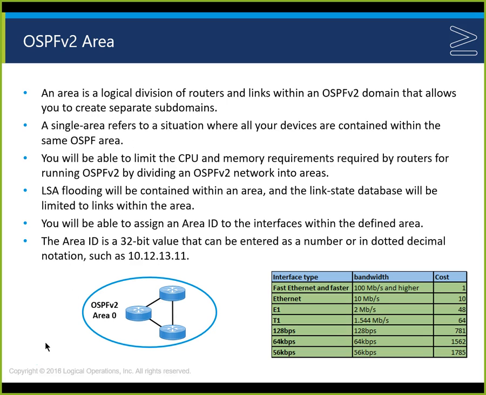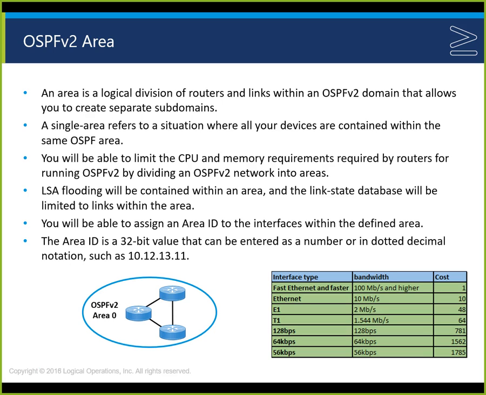So area, we do have to specify an area on these. An area is a logical division of routers and links within the OSPF domain that allows you to create separate subdomains within it. A single area is where all of them are within the same OSPF area. Dividing OSPF into areas limits the CPU and memory requirements of routers.